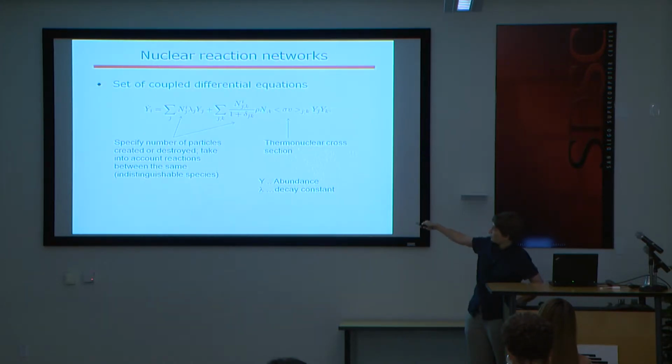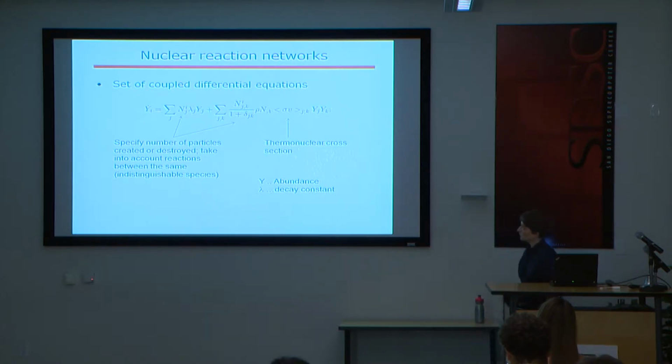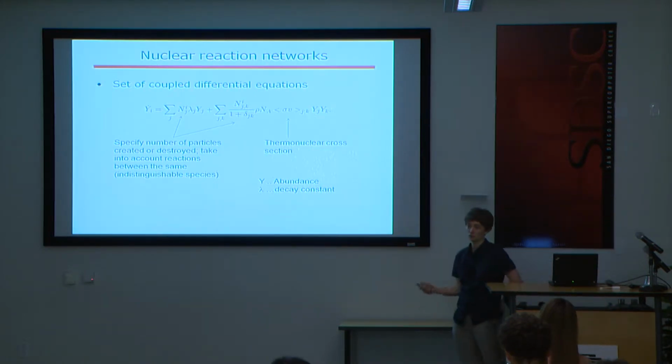The density here explicitly, the temperature implicitly in this thermonuclear cross-section, and also into this lambda. The other pieces are the capital N's and this fraction here. That specifies the number of particles that are created or destroyed in a reaction, and you also take into account if you have reactions between identical particles.